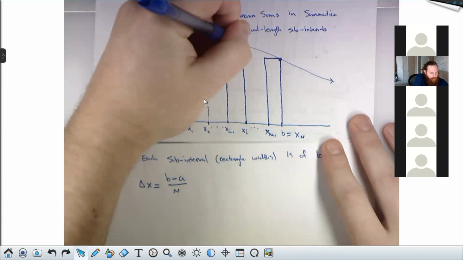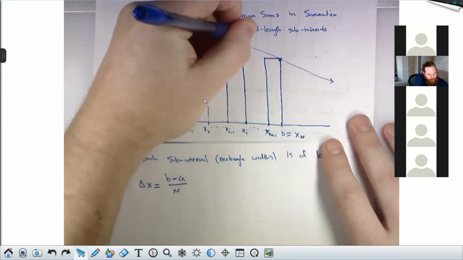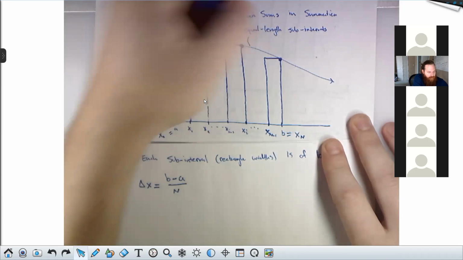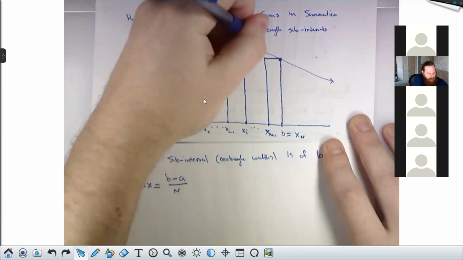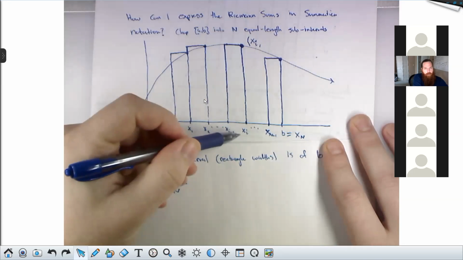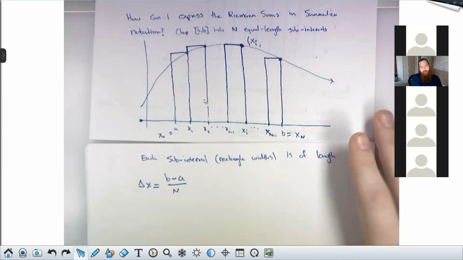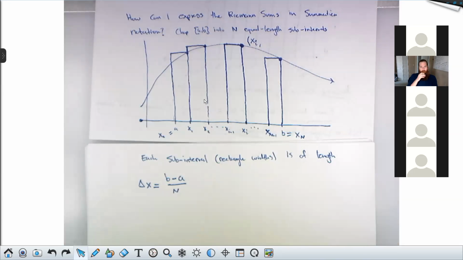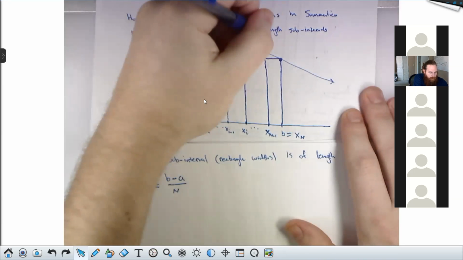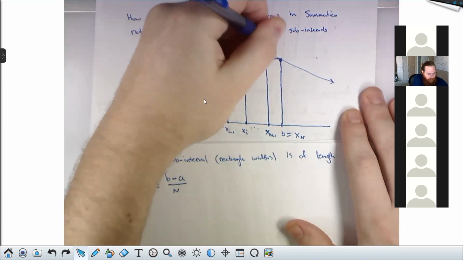This point right here, his x-coordinate is xi. That's the x value down here. What's the y-coordinate? Is it f of xi? Yeah, exactly, because it's on the graph of f of x, and the x coordinate is xi. So it has to be f of xi.